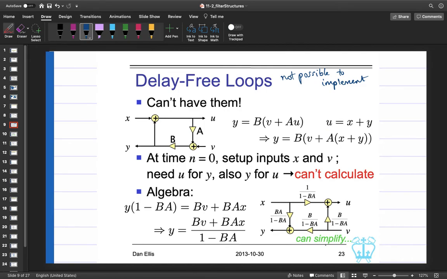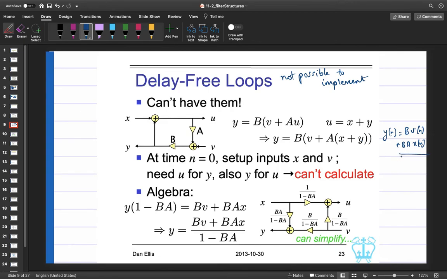How do I do that? I simplify this. So basically I take this y to the other side, and I can say, I will write here, yn is equal to b times vn plus ba times xn plus ba times yn, which I take to the other side and then divide.